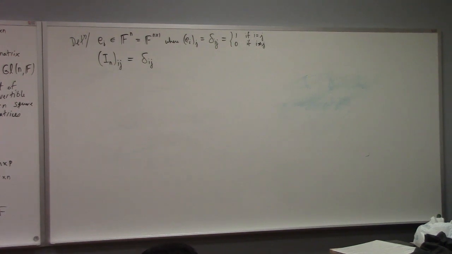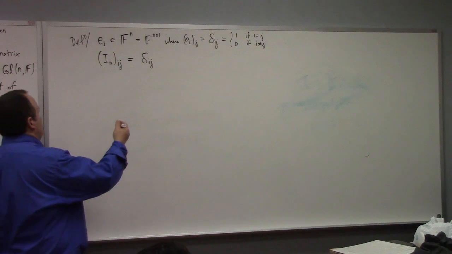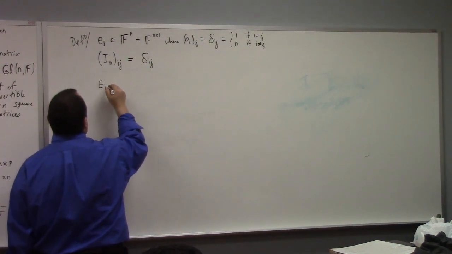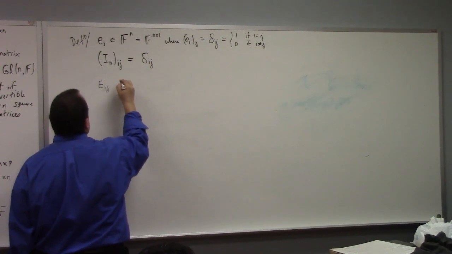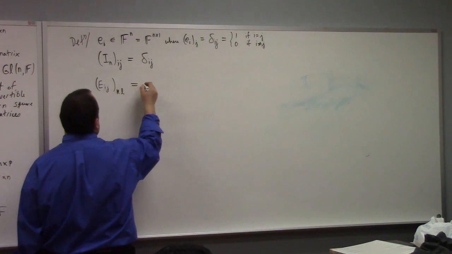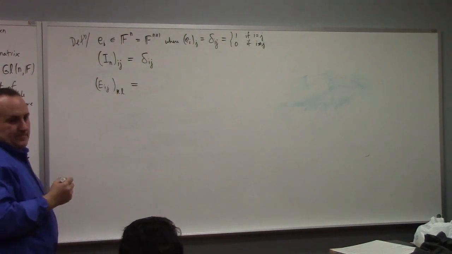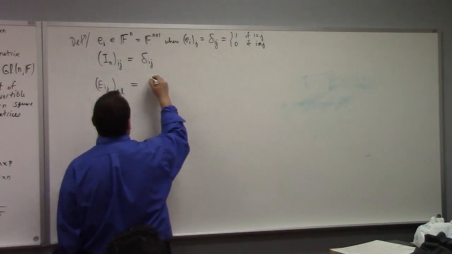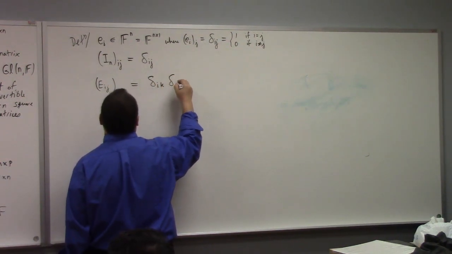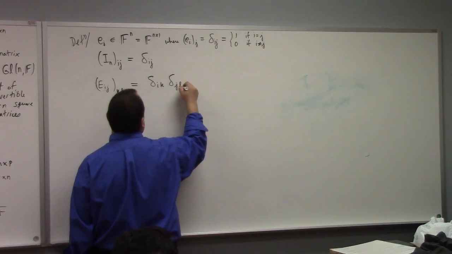So this, of course, is the standard basis for F^n. And we also talk about Eij. And if we look at the kth component of that, this is going to be Kronecker delta Ik, Kronecker delta JL.